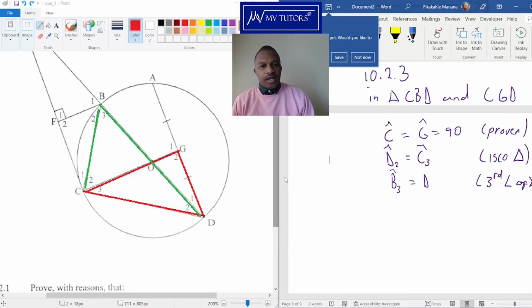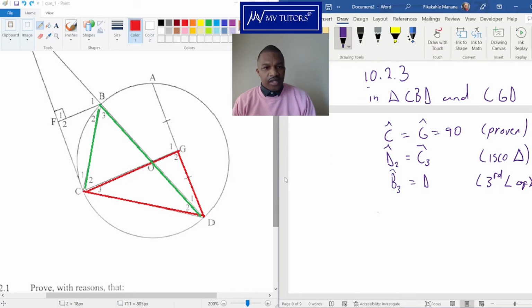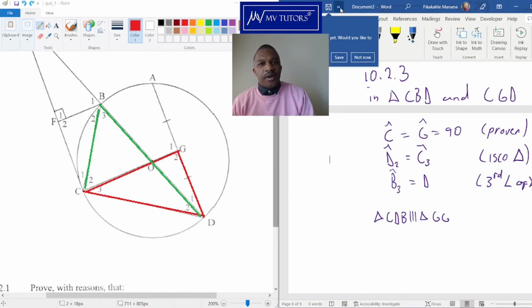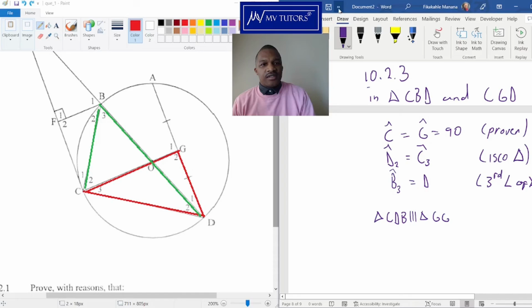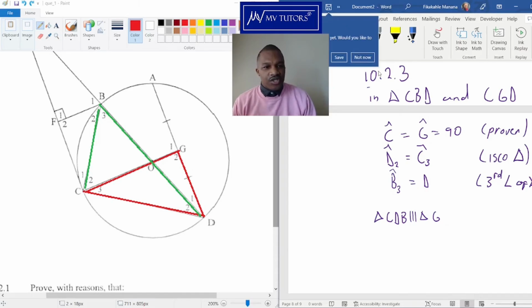Okay. So now we must put these in order. Start with this one, triangle CDB is now similar to triangle GCD. It's very important to put them in their order, because now I can do this.